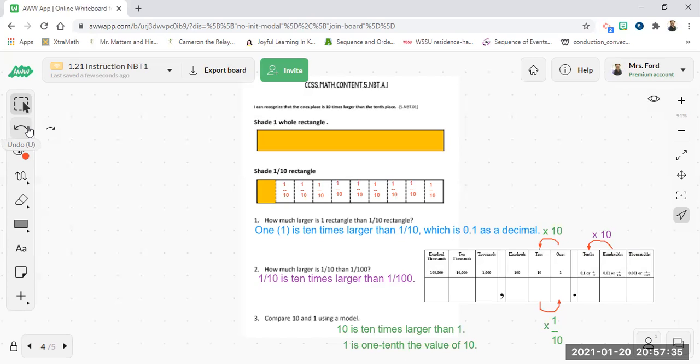I believe it's called place value concentration, but concentrate on your place values, okay? I will be checking to see if you guys are following instructions. I'm sure your other teachers will let me know how your day has gone.